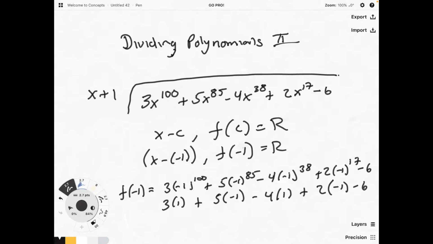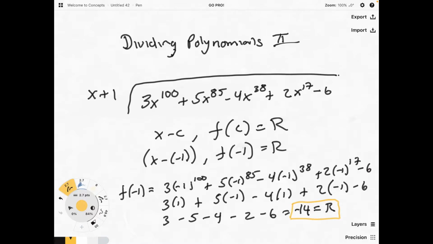When we further simplify, we get 3 minus 5 minus 4 minus 2 minus 6. 3 minus 5 is negative 2, minus 4 is negative 6, minus 2 is negative 8, minus 6 is negative 14. In this case, negative 14 is equal to our remainder, and this is our answer.